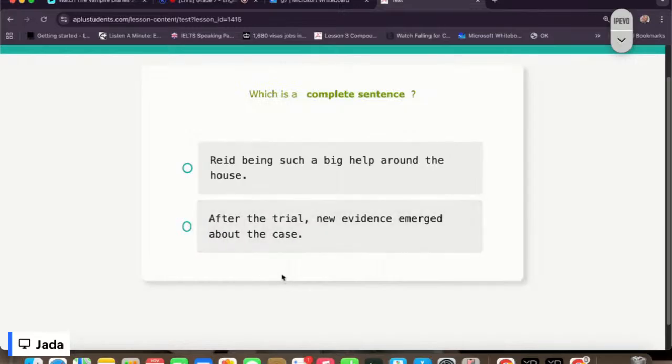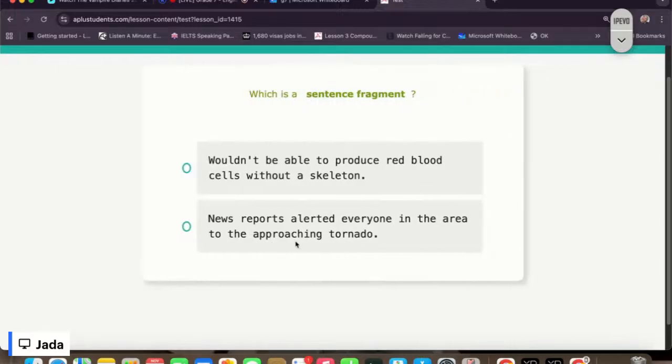So we have: after the trial, new evidence emerged about the case. Then which is the sentence fragment, first or second?